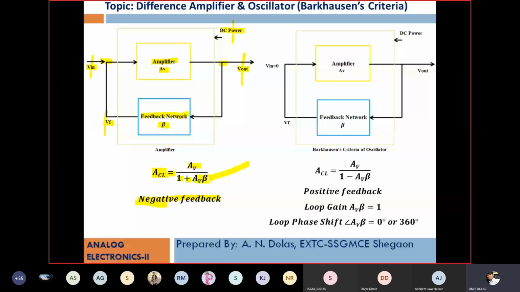This is the characteristic equation of an amplifier. We know that whatever may be the finite value of AV into beta, 1 plus AV beta will have a certain positive finite value, and we are dividing the amplifier gain AV by this finite positive value. Definitely, if you see the relationship between the closed loop gain ACL and AV, ACL will be less than AV because we are dividing AV by a number which is greater than 1.